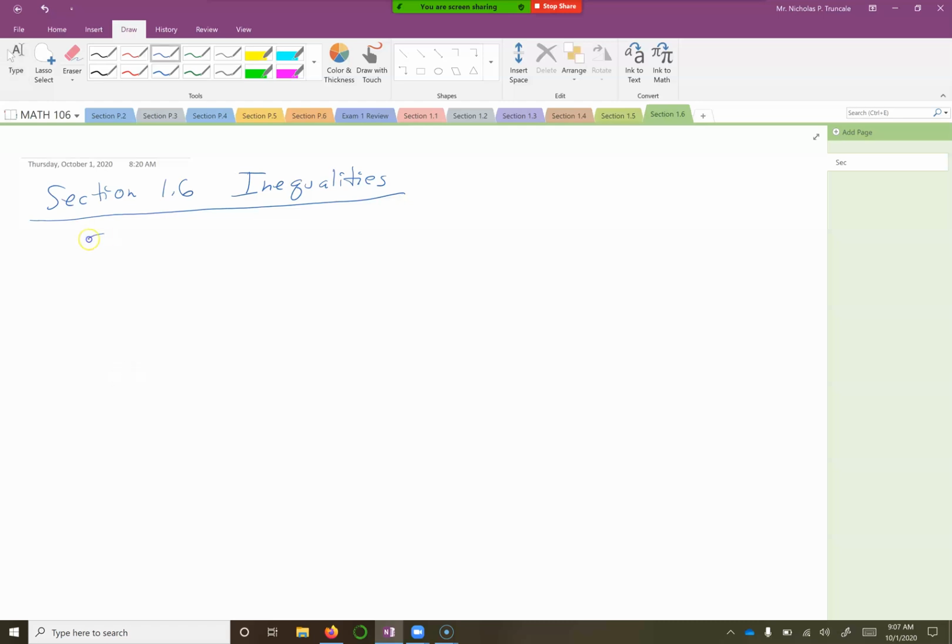All right, so let's review the symbols. You've all seen these before, like greater than. Right, this is greater than. We have greater than or equal to. Less than.